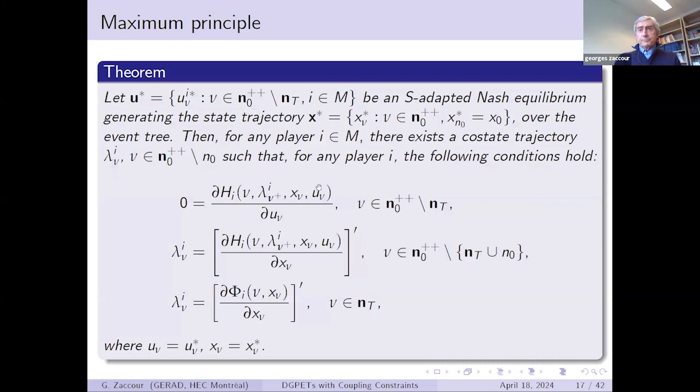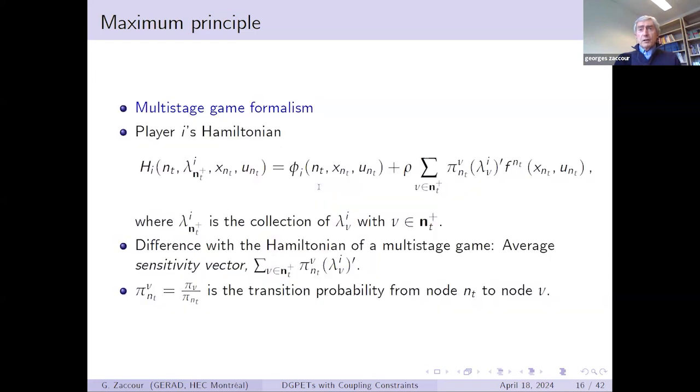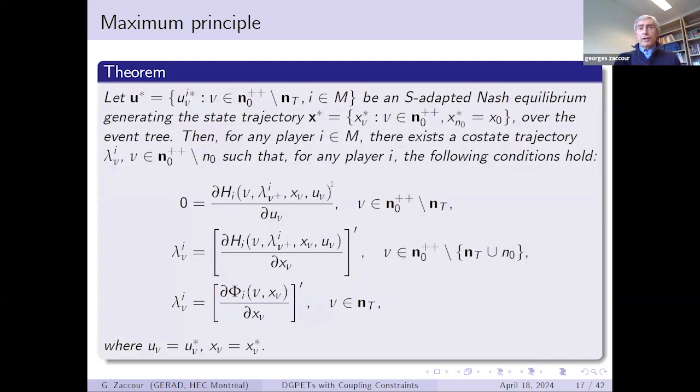Now, once the game is defined in multi-stage and we have the Hamiltonian, we can state a maximum principle. So if U star is an S-adapted Nash equilibrium generating the state trajectory X star over the event tree, then for any player I, there exists a co-state trajectory lambda I such that the following conditions hold.